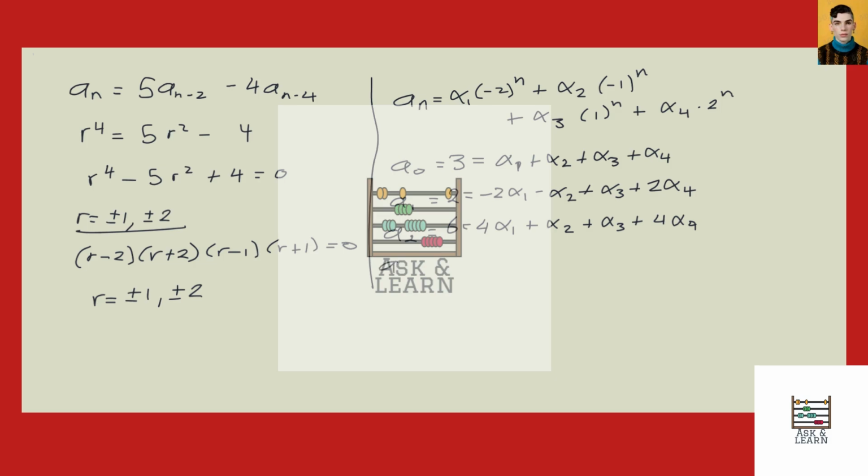And finally, a_3, which is equal to 8, equals minus 2 cubed, which is minus 8, so minus 8 alpha 1, minus 1 cubed is just minus 1, so minus alpha 2, plus alpha 3, plus 8 alpha 4.